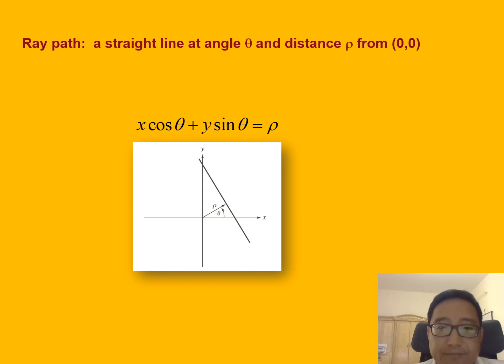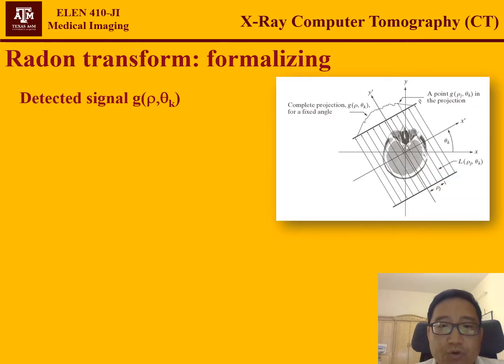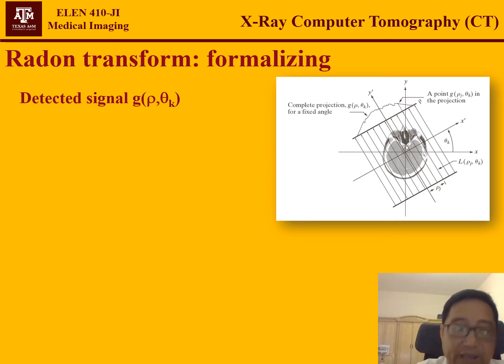You can use this, together with the physics we just described, and you will know that this detected signal, g(theta, k), will be the initial X-ray intensity times e to the minus integration of mu(x, y) along that ray path.